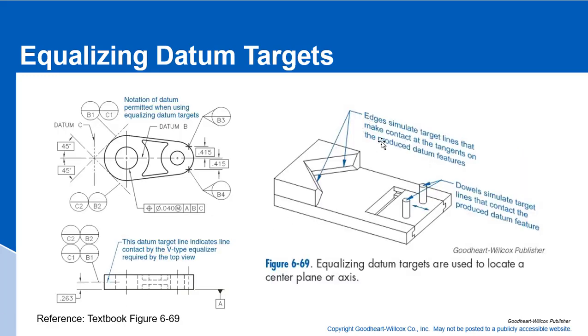We have these knife edges back here that make contact with this larger radius, and then we have a movable item in our simulator that allows us to pick up these two datum points regardless of the size of this. This is called an equalizing datum target.